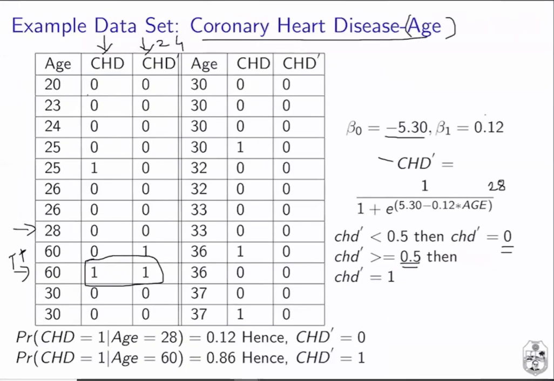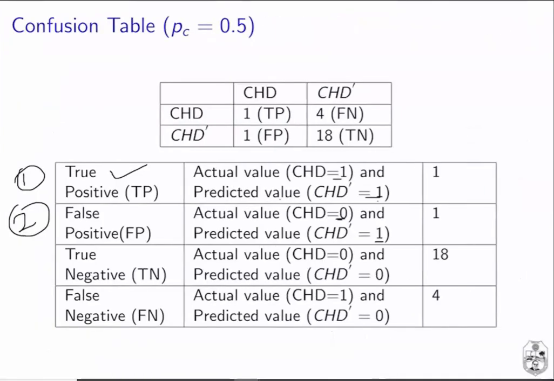See here, the actual value is 0 and the predicted value is 1, so how many entries with 0 and 1 are there? There is this one entry, with age 60. So this entry is called the false positive, and there is only one entry present in our table.